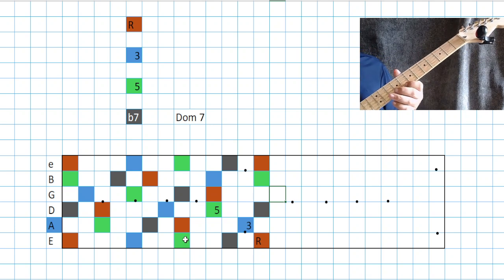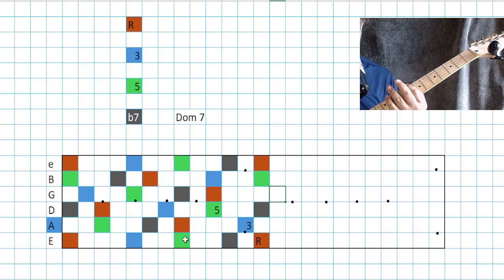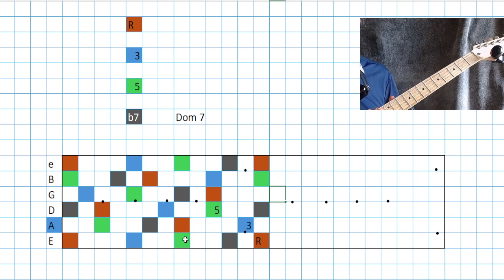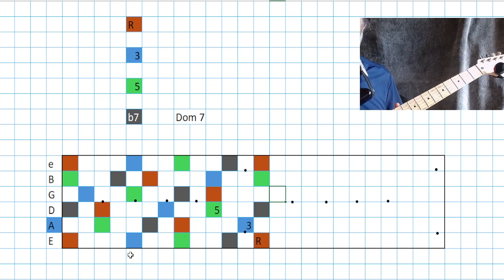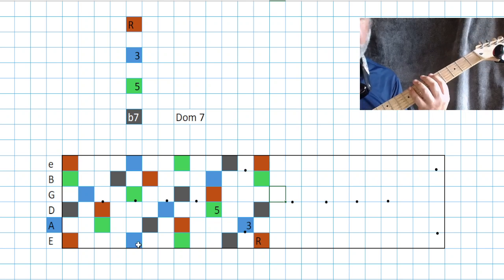Kind of like a pentatonic shape there. Let's try starting from the blue: blue, green, black, brown. That's a neat little pattern up the fretboard there. We're going to start at the 5th fret and go.